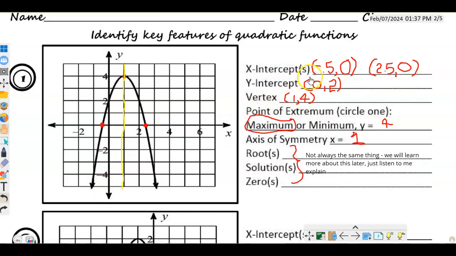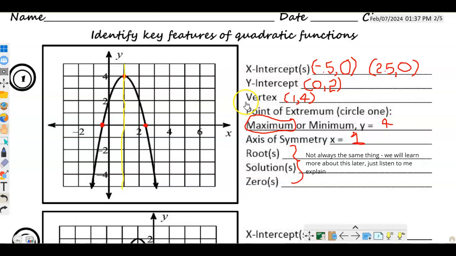So I want you to write these as an ordered pair. Once again, the purpose is to get you used to the fact and really, really know that anywhere on the y-axis, the value of x is 0. So you would write (0, 2).